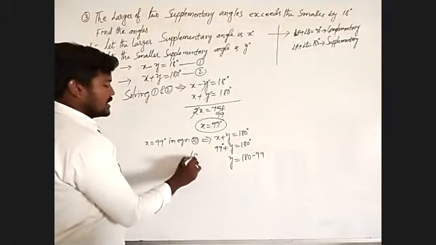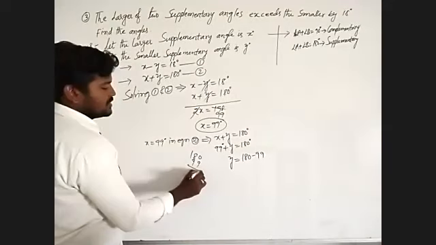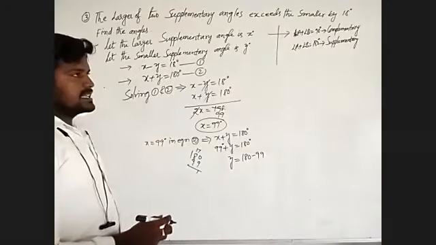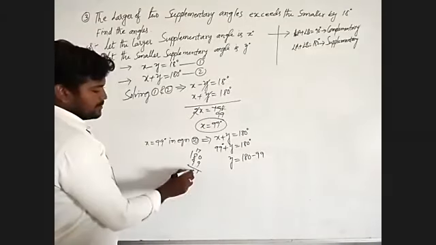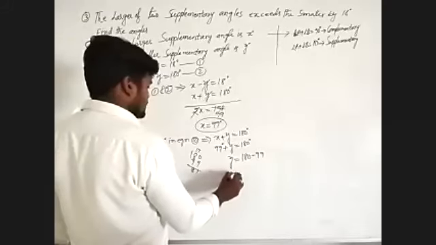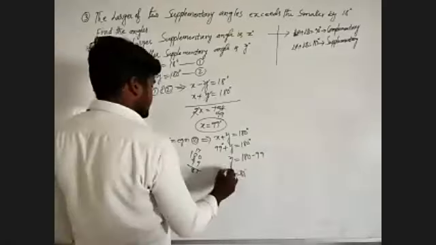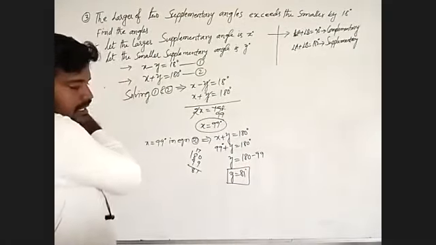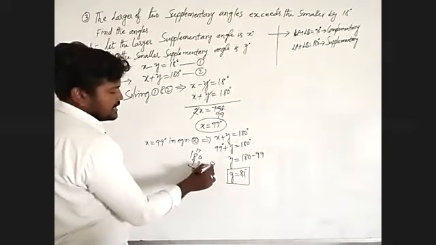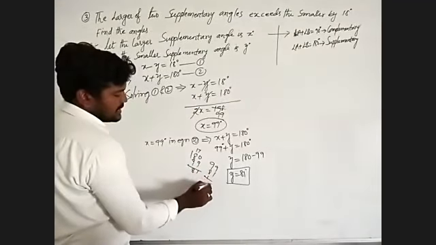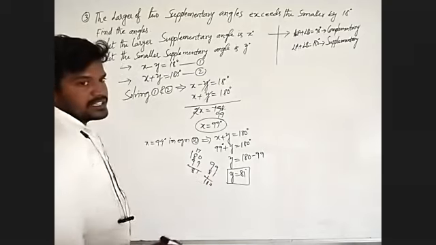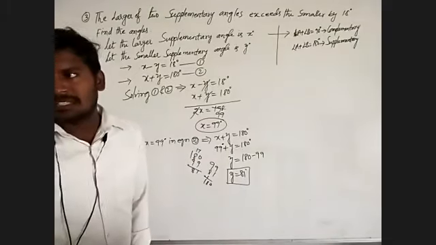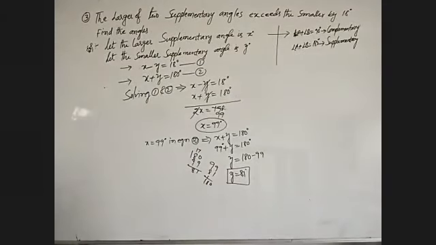That becomes 81. So y is equal to 81 degrees. We observe once again: 99 plus 81 is 180. These two angles are supplementary angles.